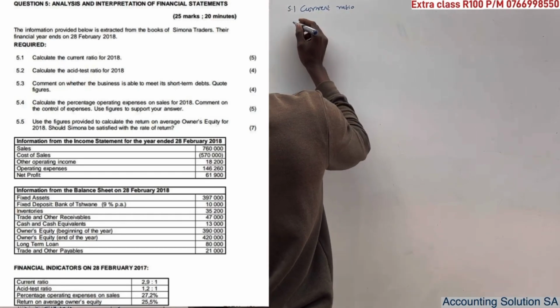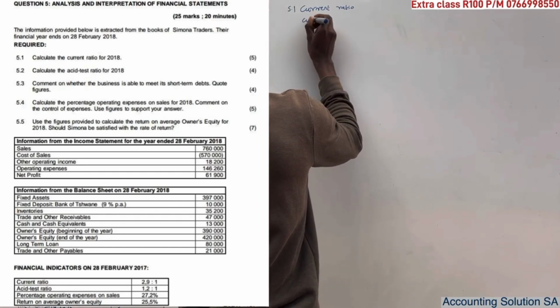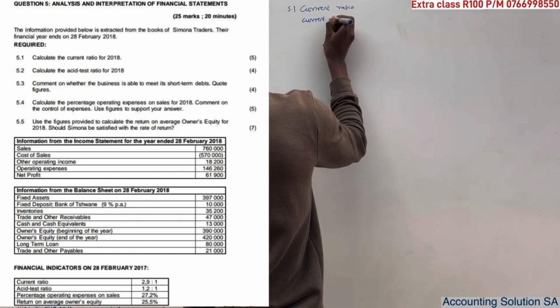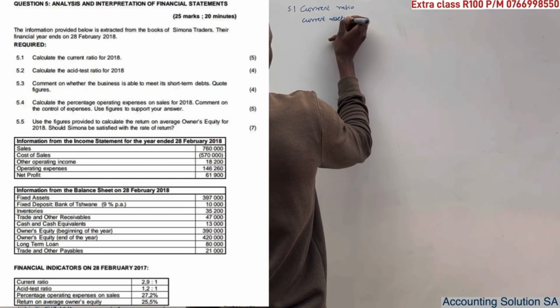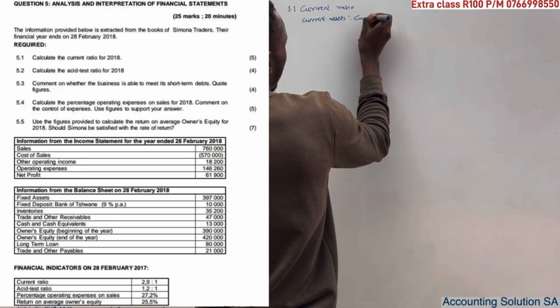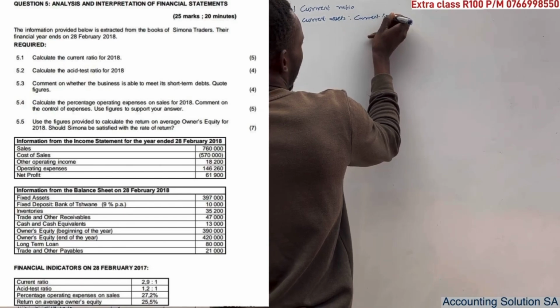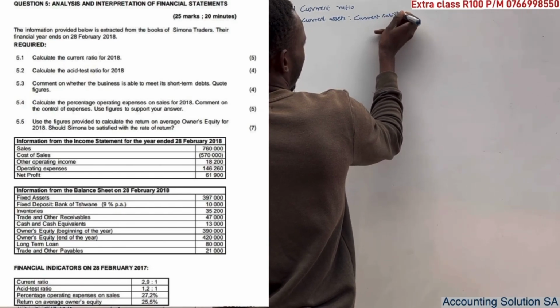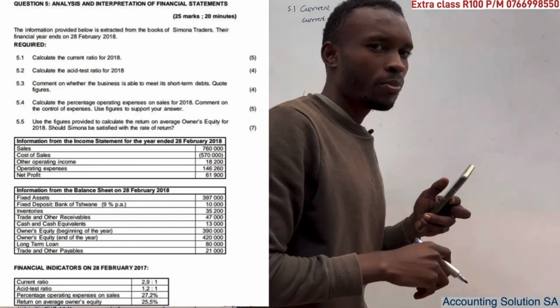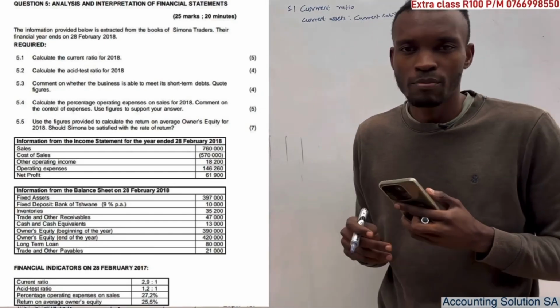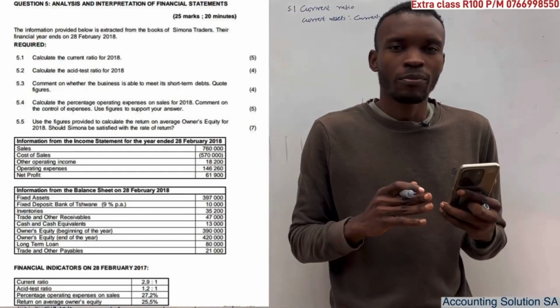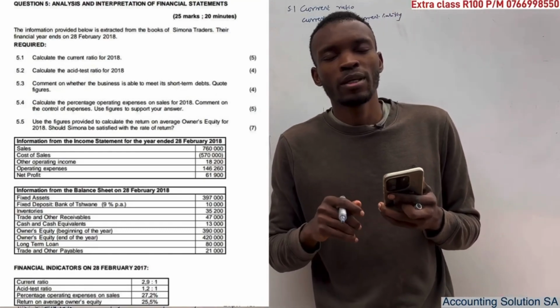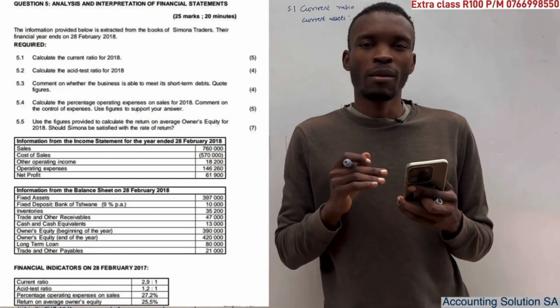This formula says current assets is to current liability. Remember, guys, the reason why we calculate this formula is because we want to see if the business will be able to pay its short-term liabilities.